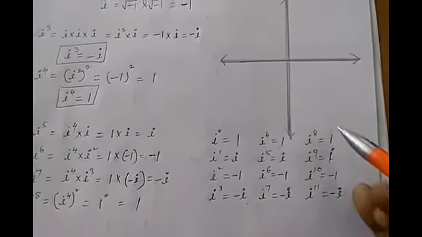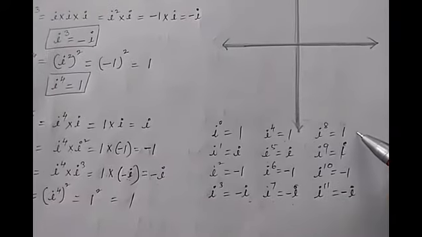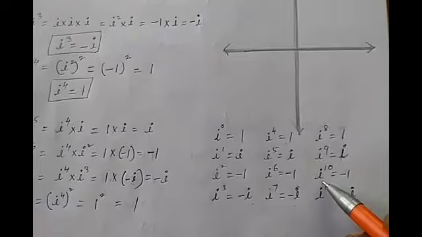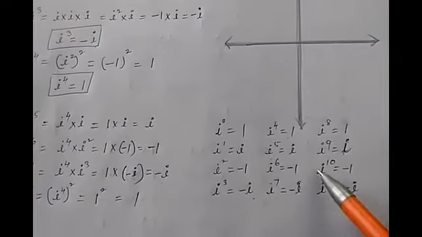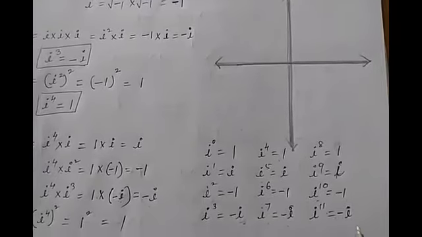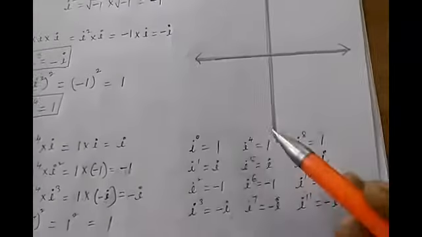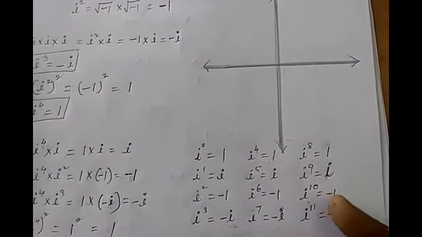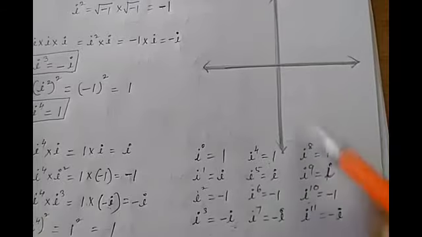In a similar manner, we get i power 8 equal to 1, i power 9 is i, i power 10 is -1, and i power 11 equals minus i. By observing all these values, you notice that the integral powers of i repeat after every 4 values.